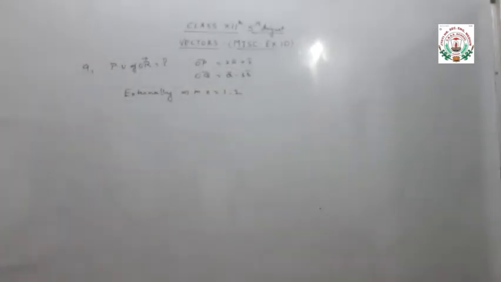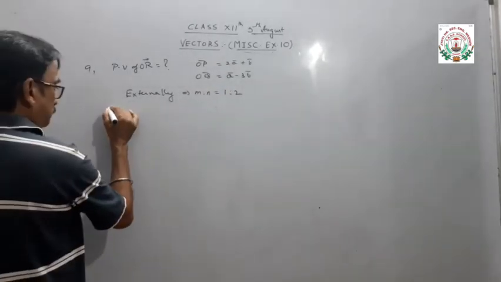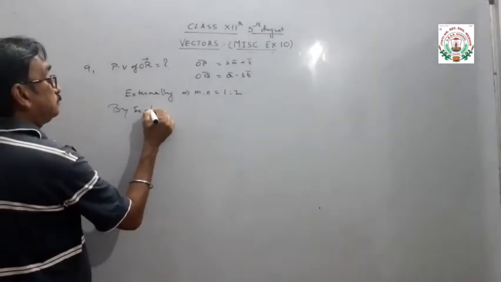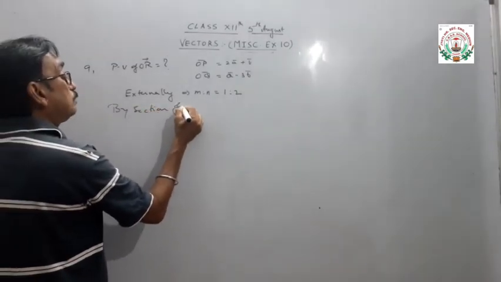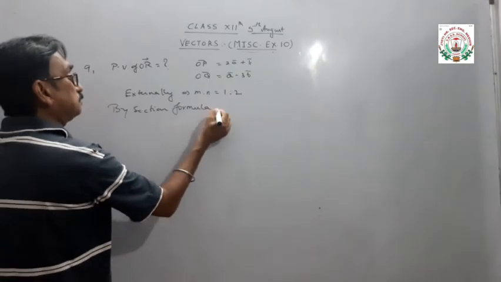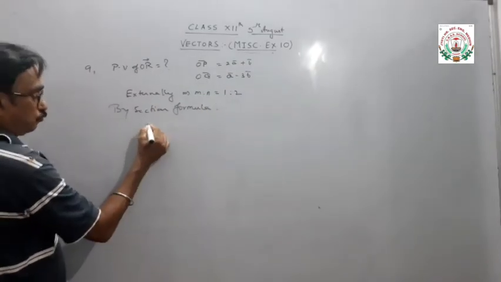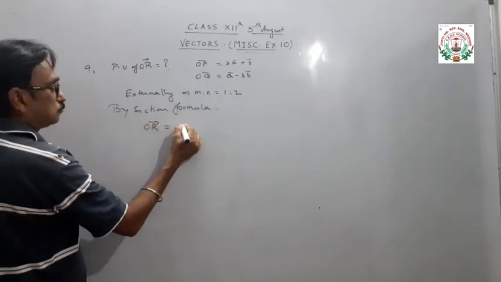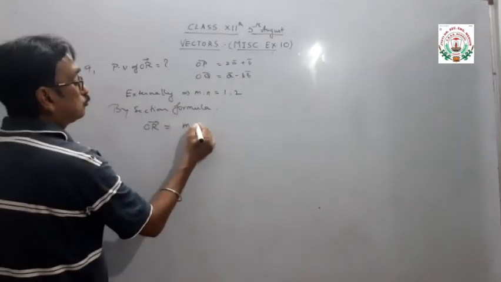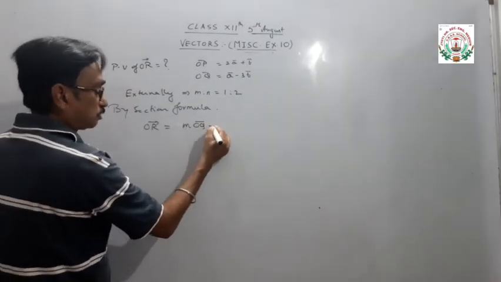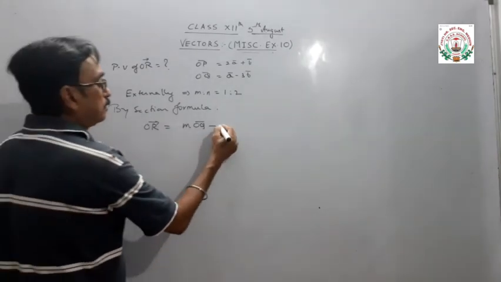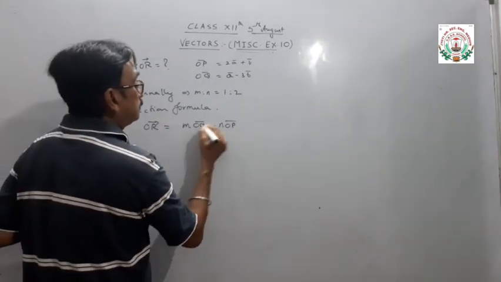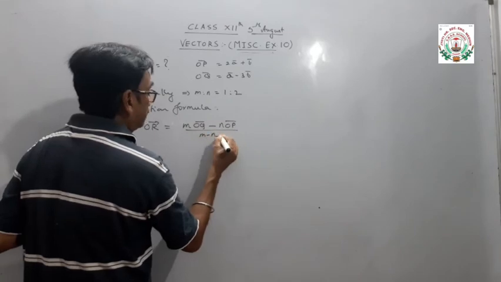तो बाइसेक्शन फॉर्मूला ऑफ एक्सटर्नल केस, पोजीशन वेक्टर ऑफ OR वेक्टर इक्वल्स टू m इंटू फाइनल इज OQ वेक्टर. एक्सटर्नल में सेक्शन फॉर्मूला में माइनस साइन आएगा न्यूमरेटर और डिनोमिनेटर में, n इंटू OP वेक्टर अपॉन m माइनस n.